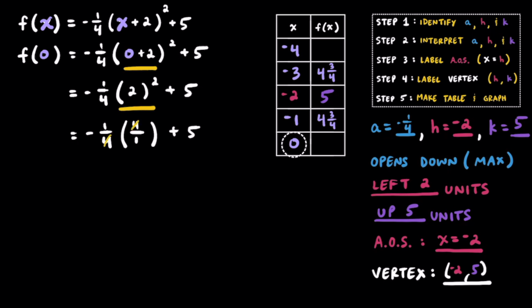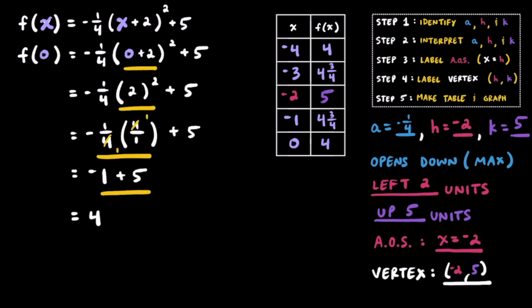These 4's can cross cancel. 4 times 1/4 is going to be 1. Since it's negative, we'll have a -1 here instead. We just did the multiplication. We're going to add the 5 on afterwards. -1 plus 5, well, that's just 5 minus 1, and that's equal to 4. So when x is 0, we just found out that y, or f of x, or f of 0, is going to equal 4. Go ahead and put that into our table.